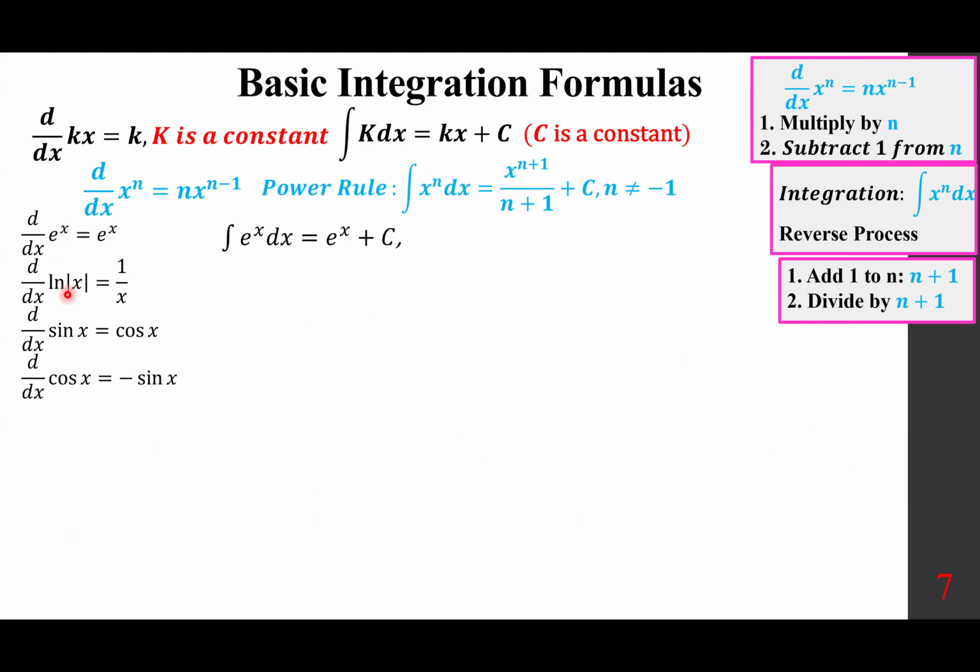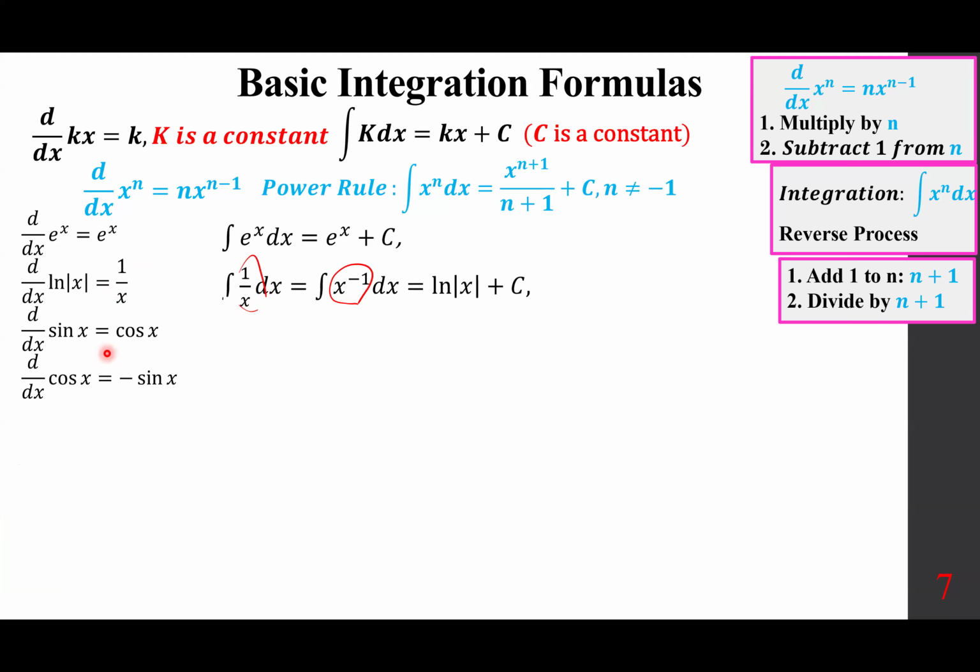If the derivative of natural log is 1 over x, the integral of 1 over x dx must be natural log of absolute value of x and a constant. Please remember this is the same as x to the power minus 1. In case you see it in this format or in this format, it makes no difference.